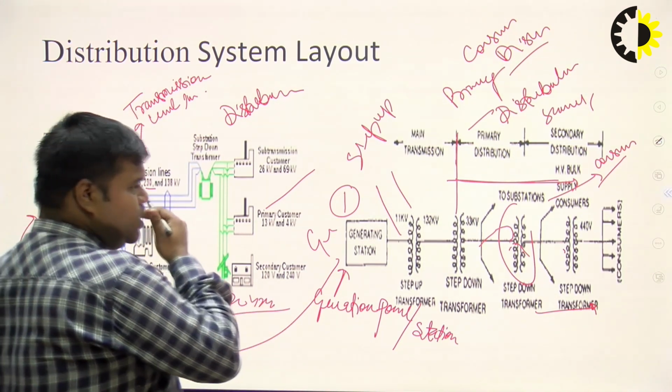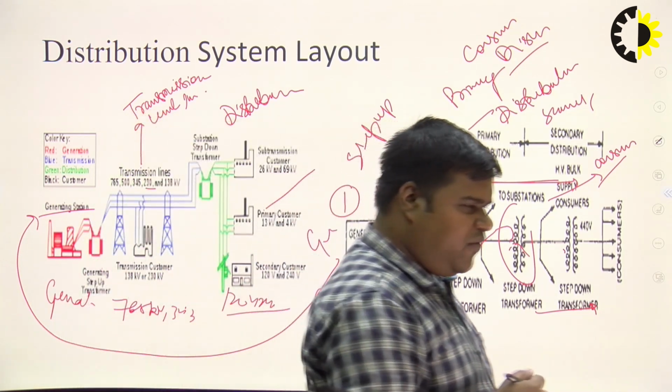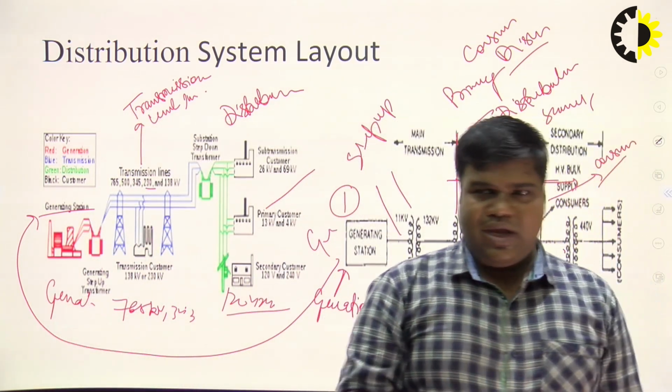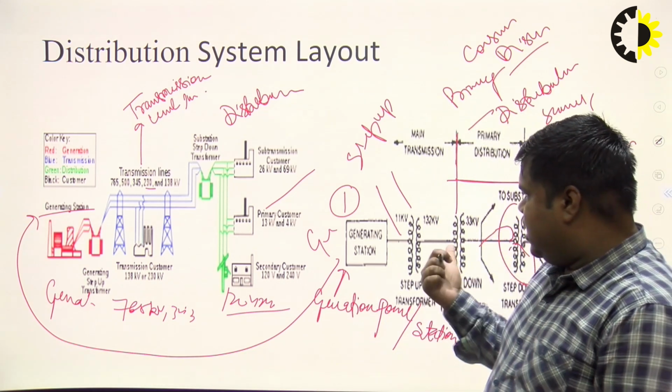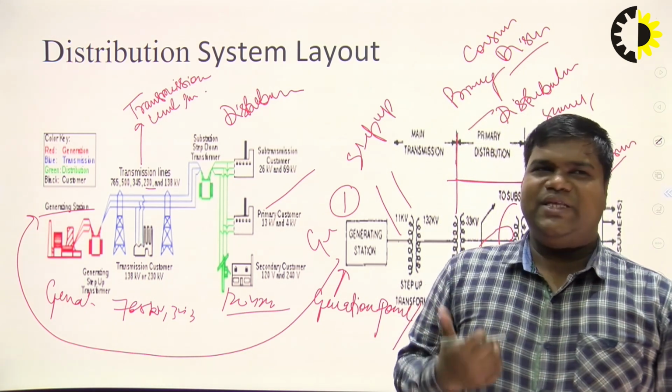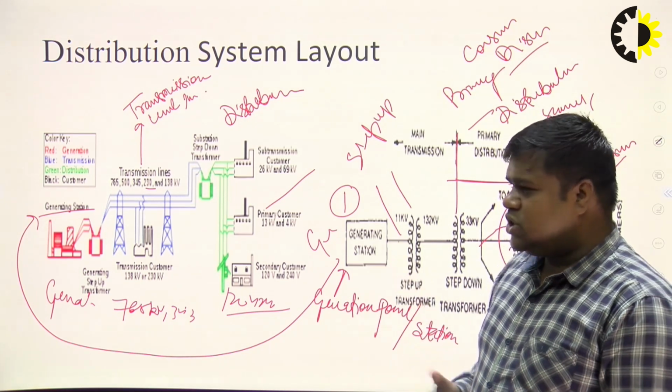So this is the pictorial diagram of the distribution system layout, and the other part is the basic block diagram of the distribution system layout.